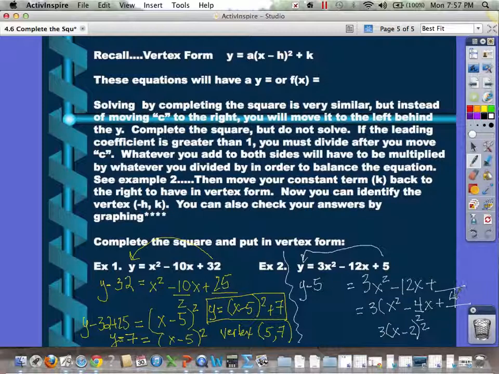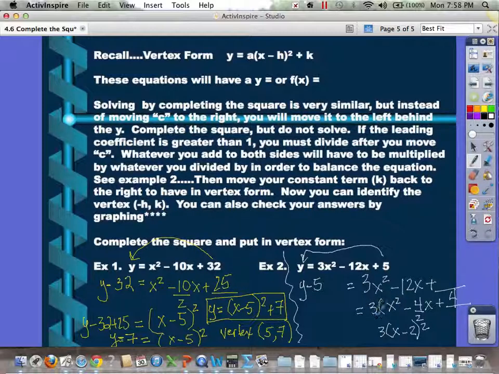All I did was GCF out the 3. Whereas we divided before, we're still dividing, but it looks a little bit different. We're dividing out of the parentheses. 3x squared divided by 3 gives me x squared, and negative 12x divided by 3 is 4. Then I can complete the square because now the coefficient right here is a 1.